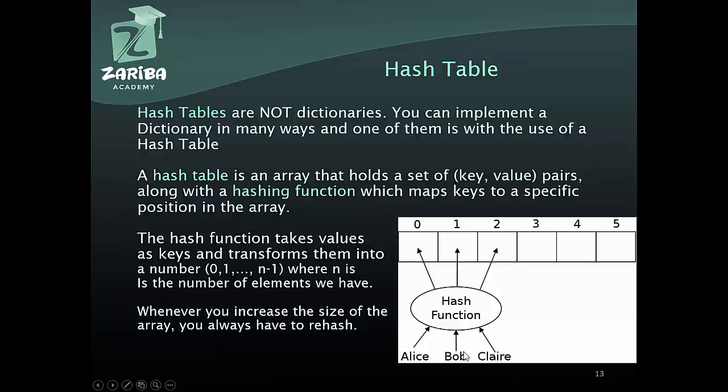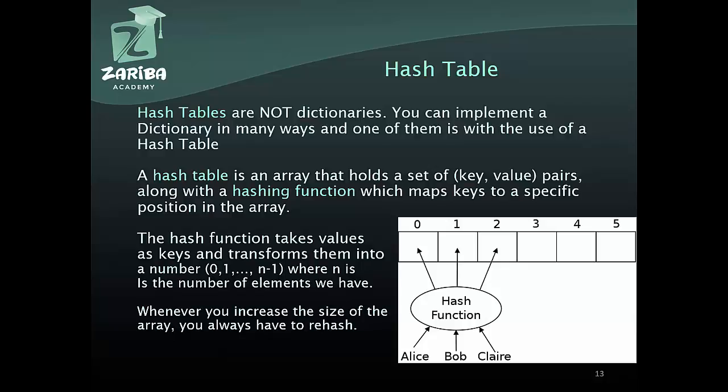In the same way, we can have Bob. Bob is always going to be mapped to 1, or some other value, it can be like 0. Let's say 0. So every time that I call hash of Bob, it's always going to give me the same index. So we take values, which are keys. It can be any type you want.